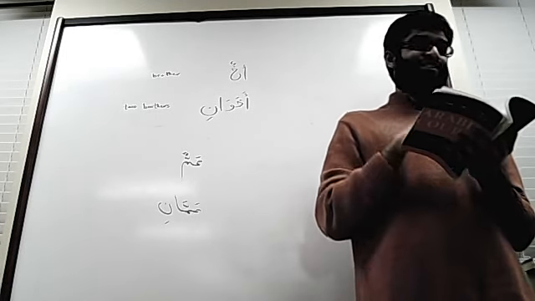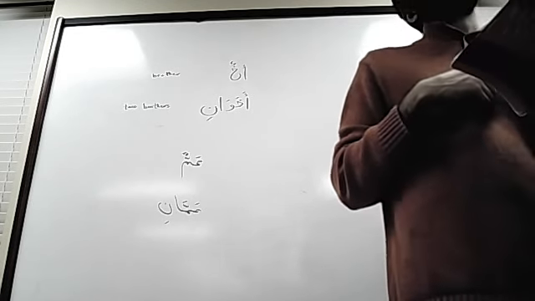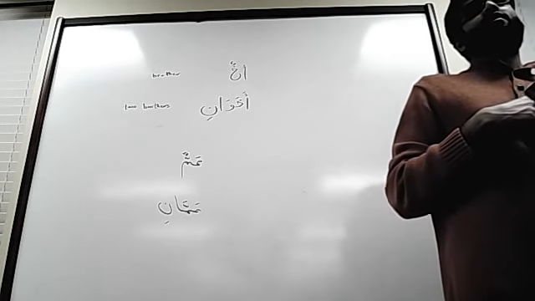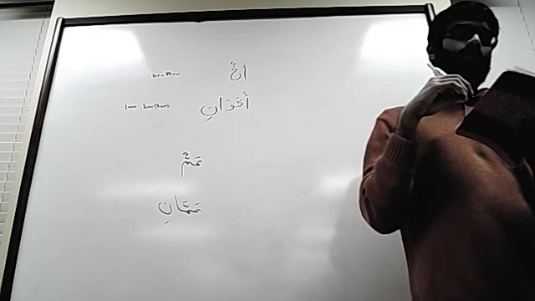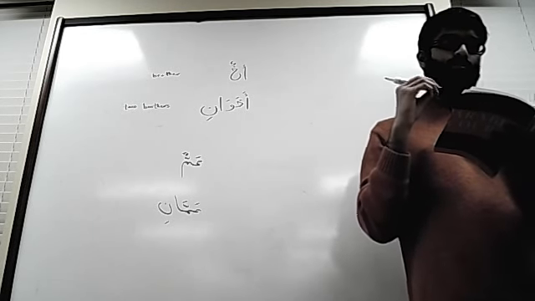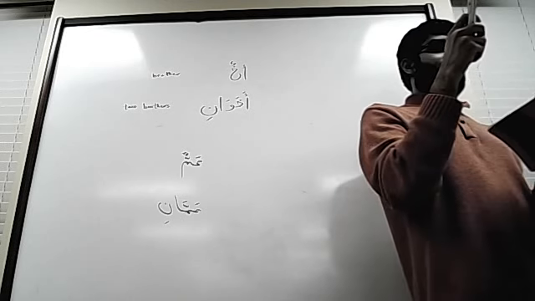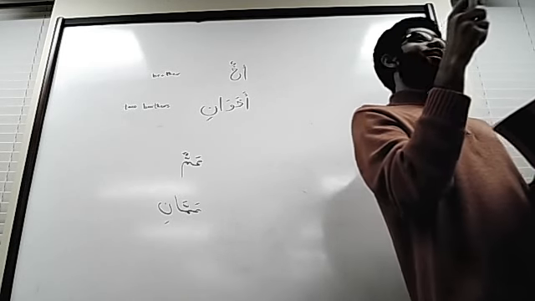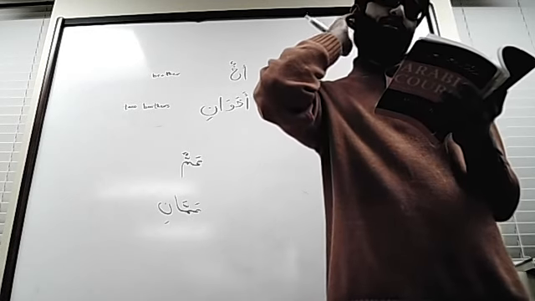How do you say in? Fi. Okay. How do you say our classroom? Faslina. Okay. Fi faslina, two new students.